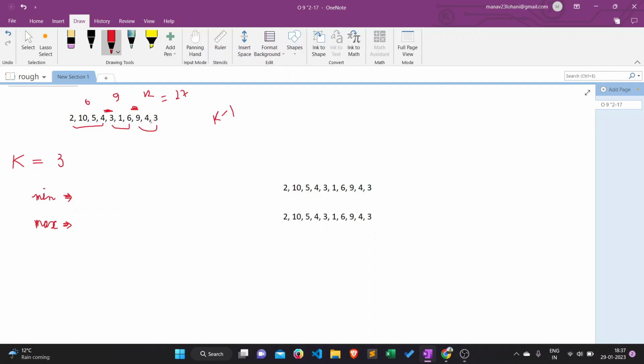Okay, so now you have to minimize. In the case of minimizing, you want to make the overall sum minimum. The first and last elements are fixed, so you want to minimize the sum in a way that the score is minimum. How can you do that? You want these transition elements to contribute minimum to the sum.